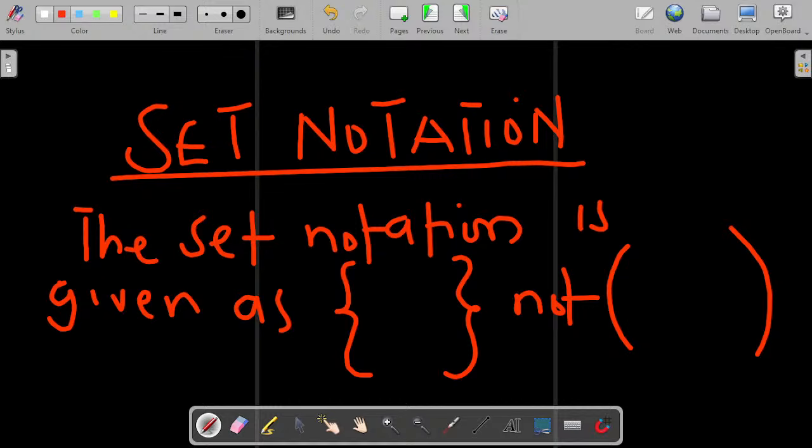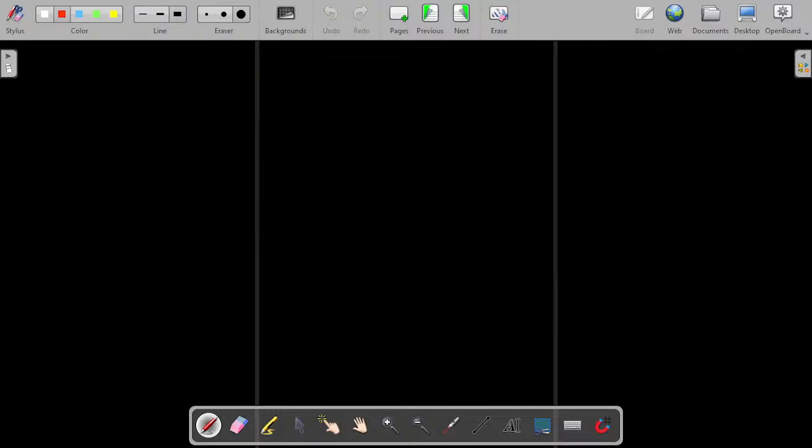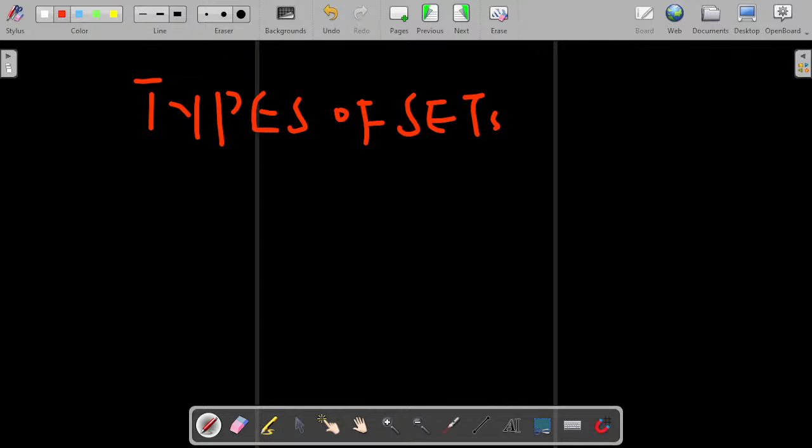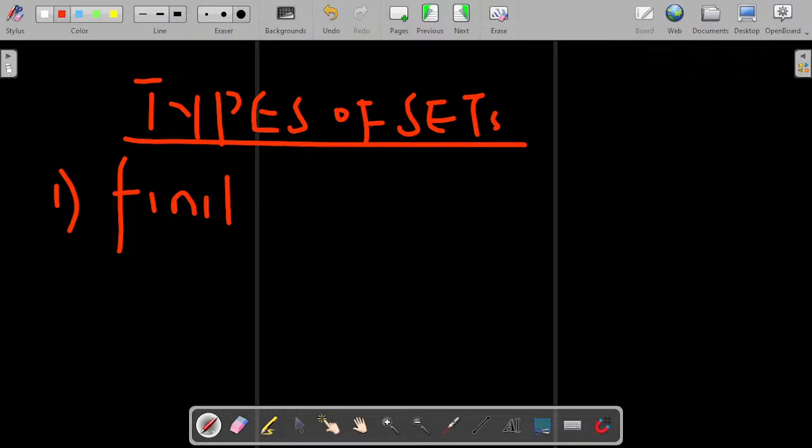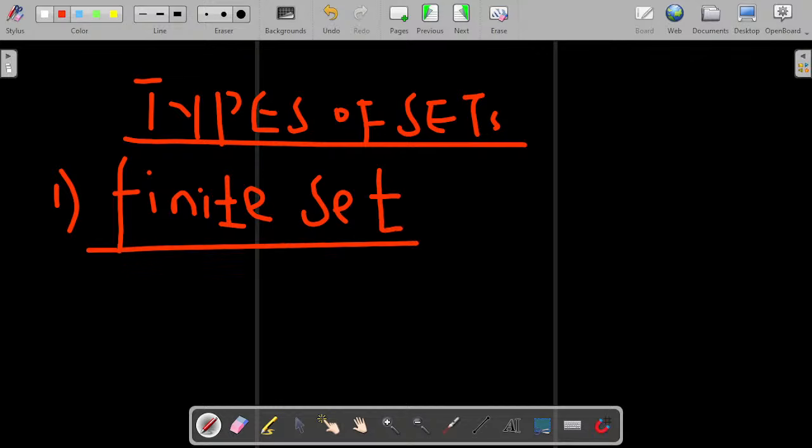So that will take us to types of sets. The first type of set we have is what we call finite sets. What are these finite sets?